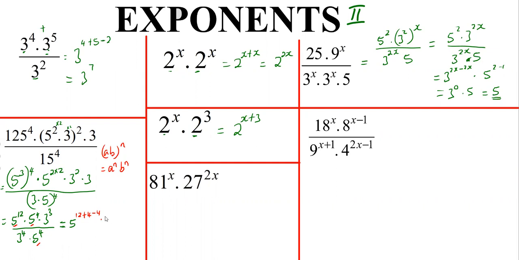It's going to be 3. And with the 3, what do we have on top there? We have got 3 to the power of 3, then 3 to the power of 4. So we are dividing here. It's going to be 3 minus 4. And what do we get as our final answer there? It's going to be 5 to the power of 12 times 3 to the power of -1.